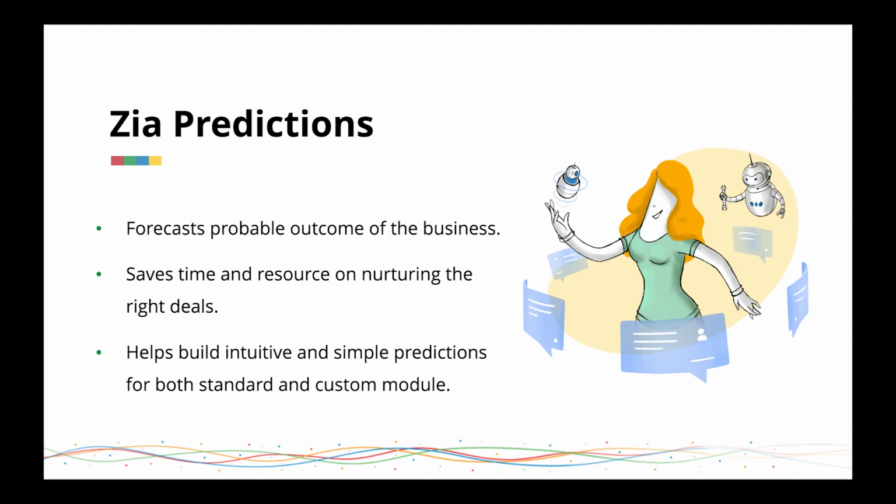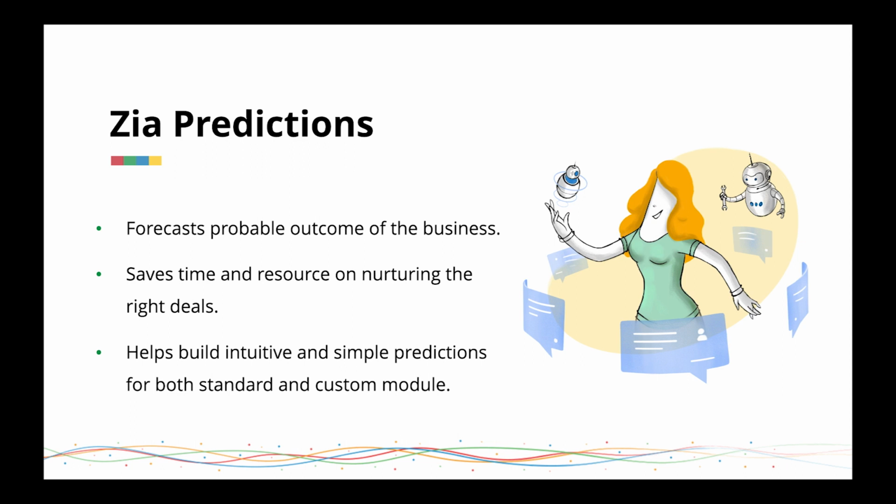With Zia Prediction, you can save your time and resource on nurturing the right deals that are more probable of winning. For example, when there are too many deals in your sales pipeline, it's hard for your salesperson to prioritize the right deals. With Zia, that's no longer a problem.